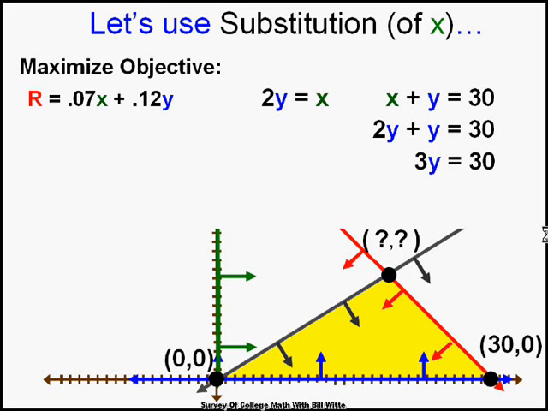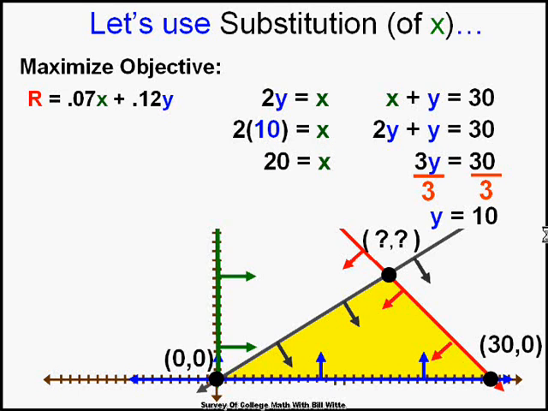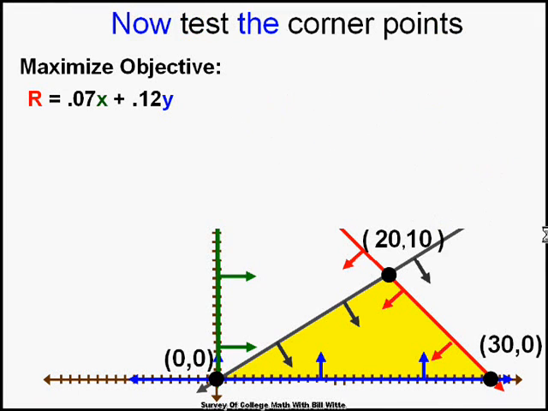And I'll have an equation with just y's. Not that hard either. 3y is 30. Dividing by 3, y must be 10. Now I still need to know x. Well, let's put 10 in for y like we know and find out in the other equation what x is. X is 20.